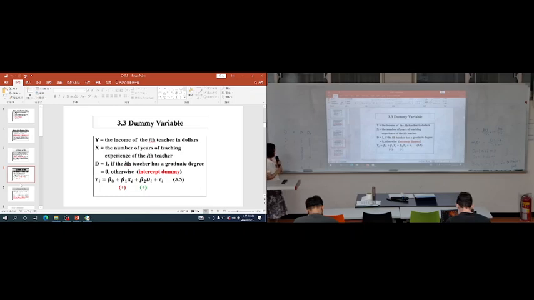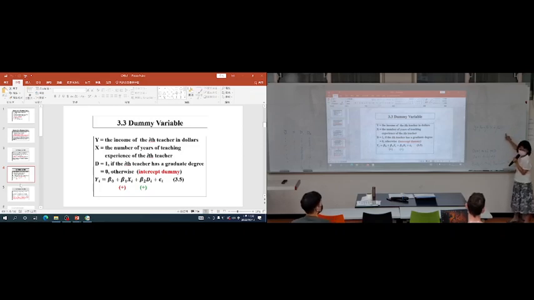Okay, so the equation turned out to be what? I'd like to show the equations. Now it's y equal to beta 0 plus beta 1 x plus beta 2 d, or d1, d2. Let me start from the easiest one, just one dummy, if I have just 2 categories. Then this is the original model.